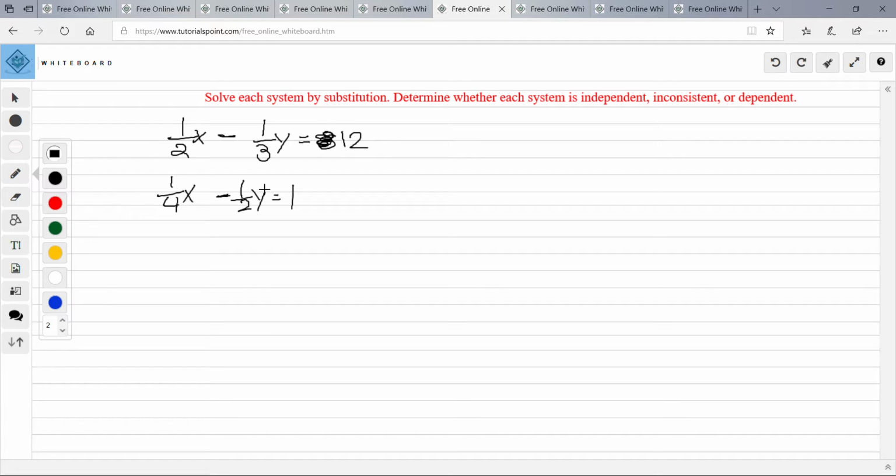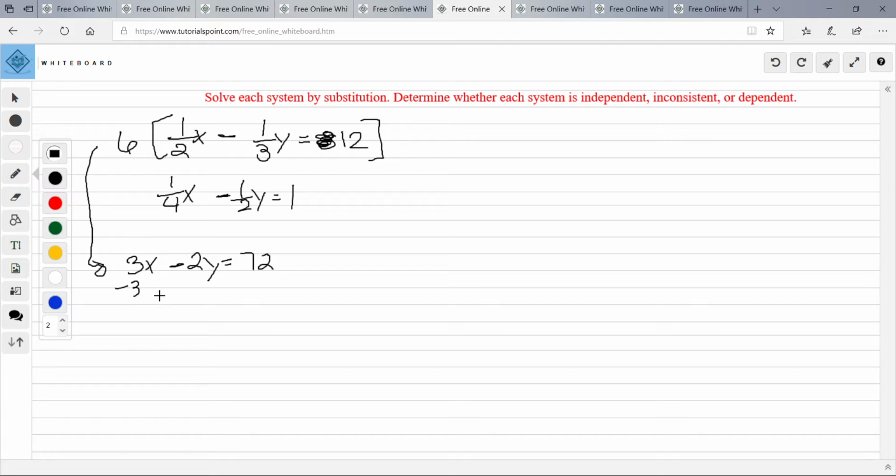So over here, let's multiply everything by 6. So 6 times 1/2 is 3x. 6 times negative 1/3 y is minus 2y. And 12 times 6 is 72.